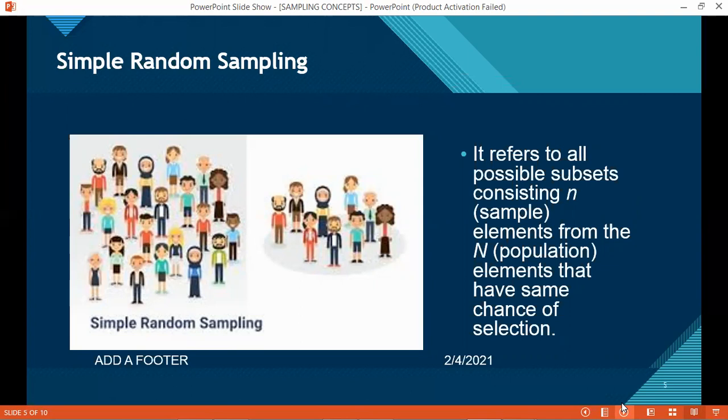Now, this is the illustration. This is our population. Ayan. This is the sample taken from the population. So, paano siya nangyari? You can choose your sample using the fishbowl method.